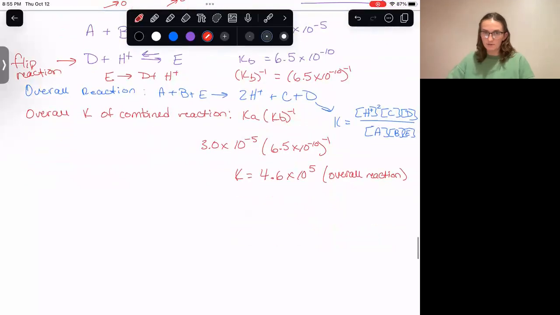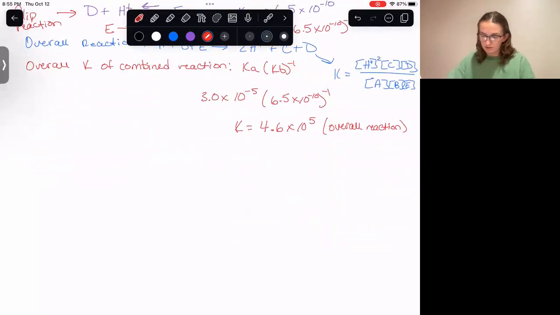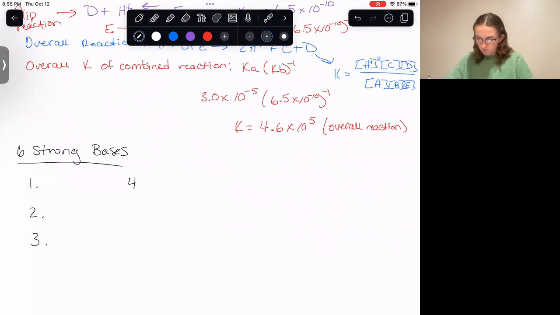I think someone did ask for the 6 strong acids or 6 strong bases earlier. Can someone tell me what they are? I gave you 3.